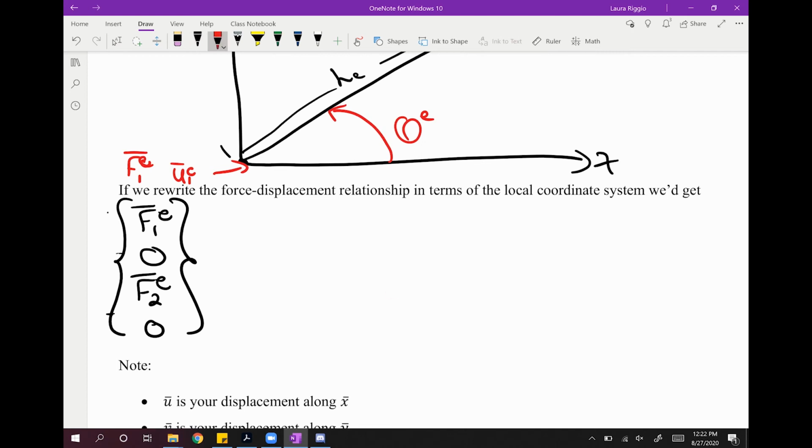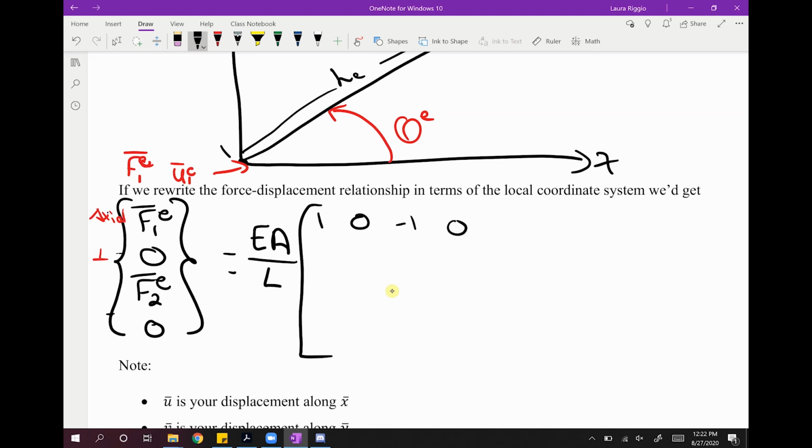So this is axial, this is perpendicular. So we'd still have our EA over L properties. And this time our matrix is now 1, 0, minus 1, 0, 0, 0, 0, 0, minus 1, 0, 1, 0, 0, 0, 0, 0.